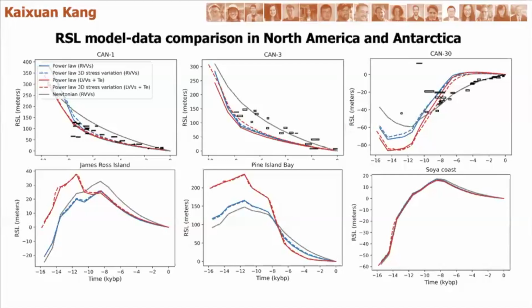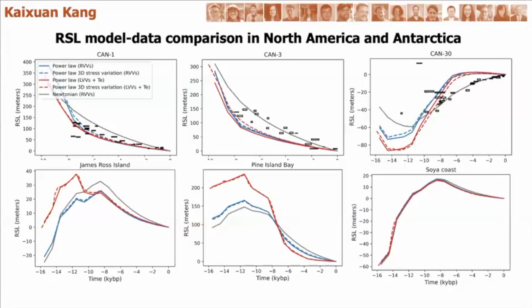And then we have these model predictions, and we want to compare those with some data. One of the model-data comparisons we can do is to plot the relative sea level curves from the GIA model and compare with data.